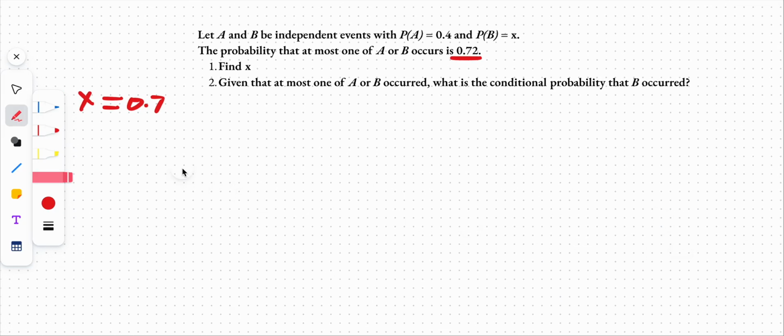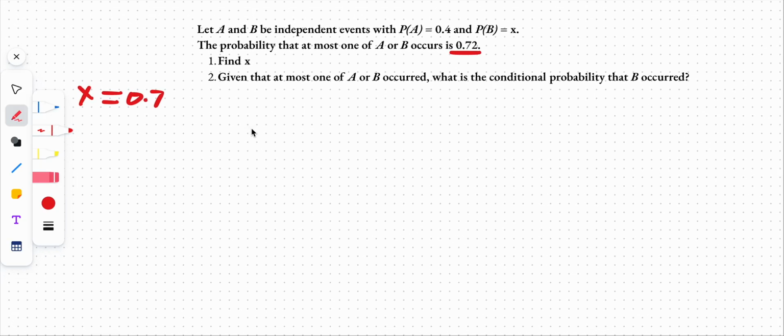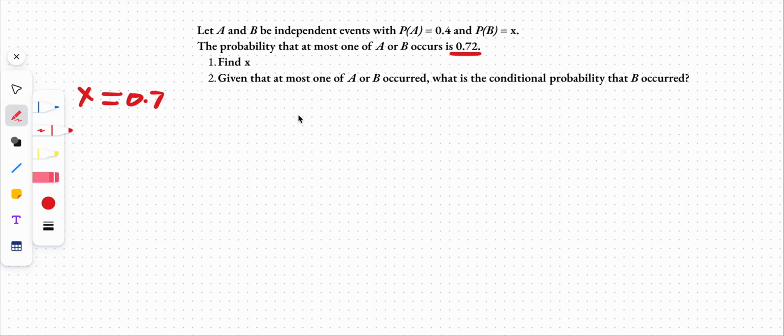Okay, the second part of the problem. Now that we solved for number 1: given that at most one of A or B occurred, what is the conditional probability that B occurred? So we just need to find the probability that B occurred, and only B, given that at most one of A or B occurred.